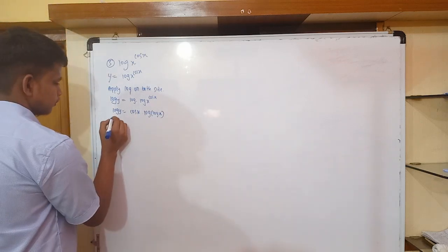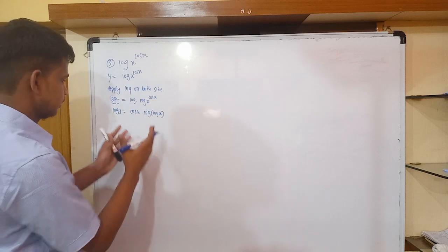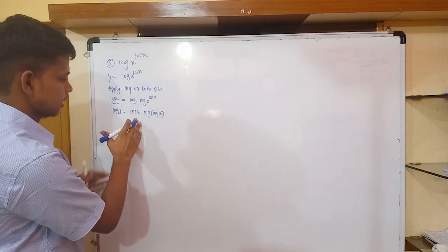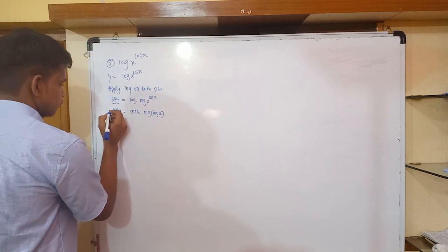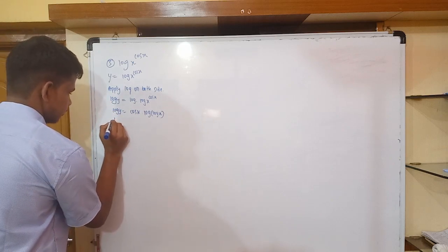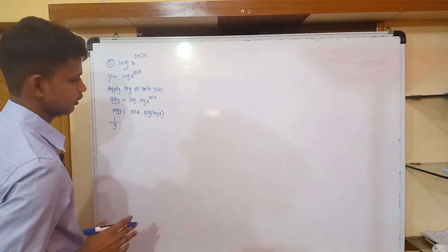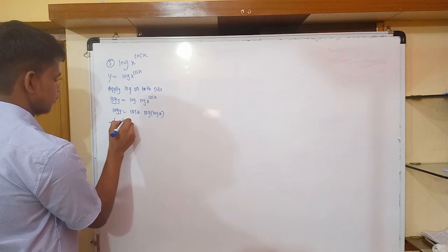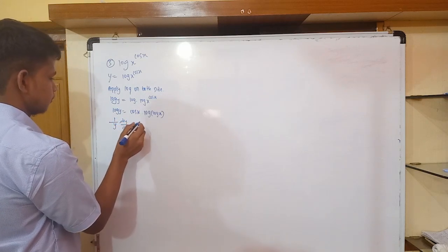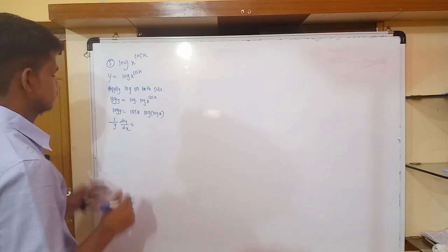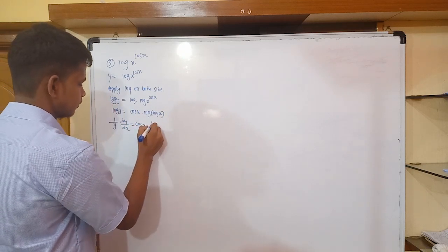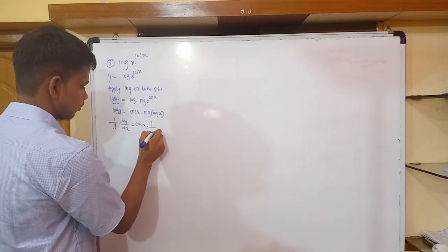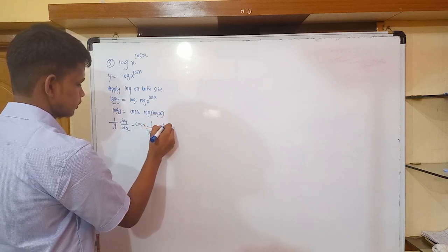Here you know that derivative we can find easily, since we have two functions in multiplication, and we can apply the product rule. To apply that, first 1 by y into dy by dx, which you know already, equal to cos x as it is, first function as it is, into derivative of second function. The derivative of the second function is 1 by log x into derivative of log x, which is 1 by x.